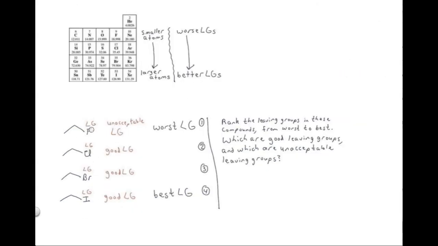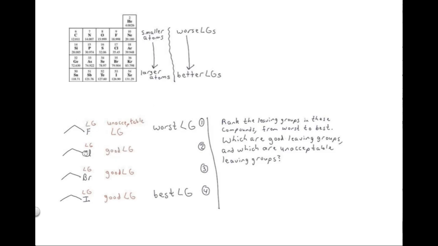When we say that fluorine is an unacceptable leaving group, what we mean is that, for example, if we tried to do an E2 mechanism with a fluorine leaving group, the rate of the E2 mechanism would be close to zero. It might not be exactly zero, but it would be a rate that's too small to be practical for most uses.